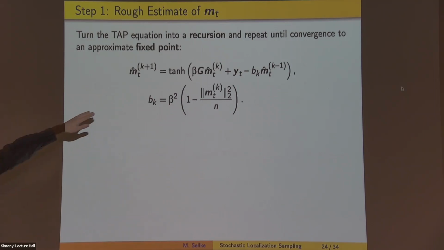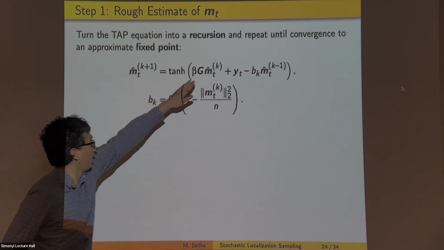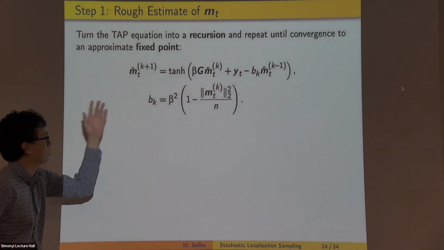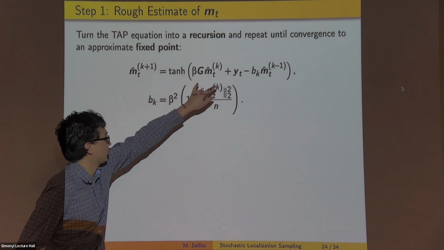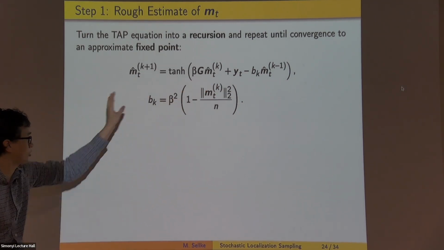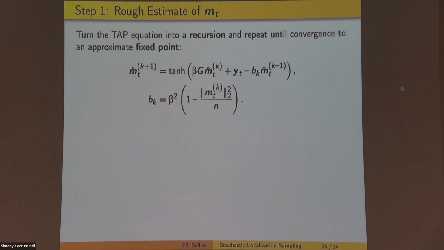So here I've inserted some time indices, k plus 1, k minus 1. So you can start with some simple initial choices and just run this repeatedly. And hope that you get some kind of convergence.